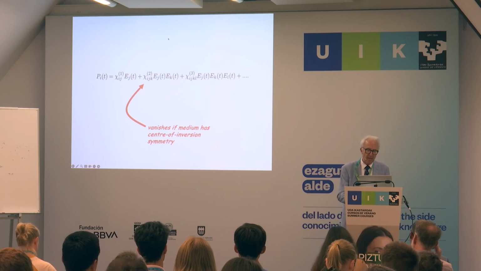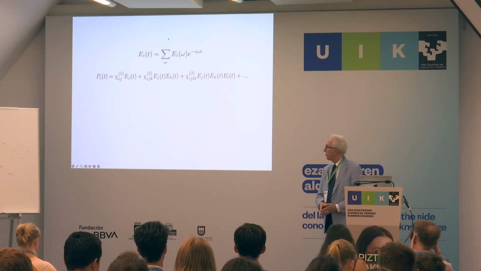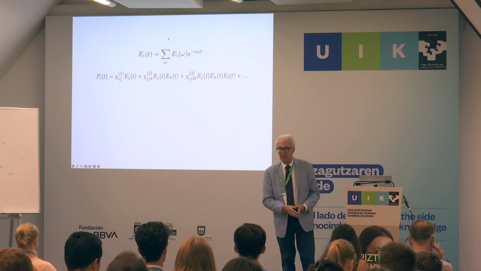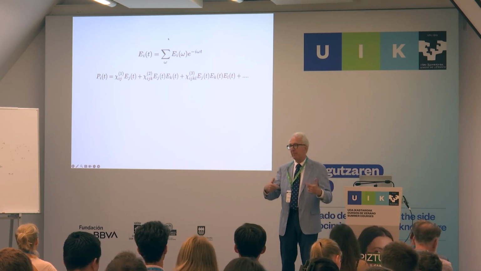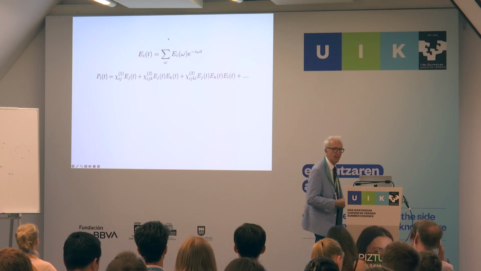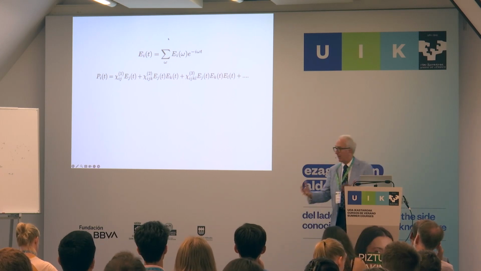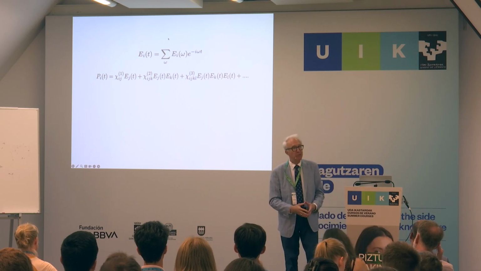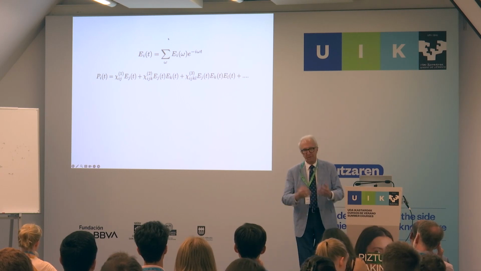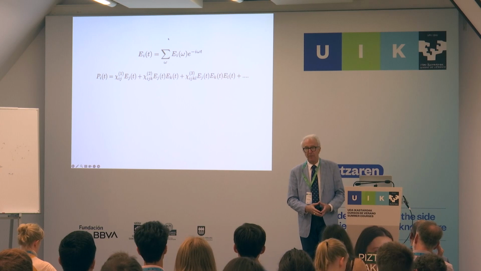Okay? It's also a little bit more complicated than this because we generally have a number of frequencies that are involved, and these susceptibilities really depend on the frequencies. That's maybe not surprising, you know that from linear response. The dielectric constant, or the susceptibility, is a function of frequency.